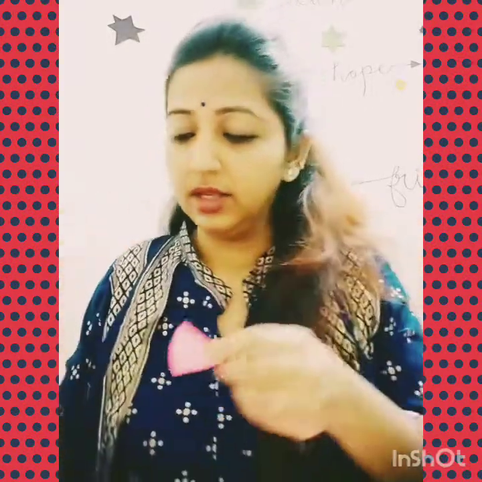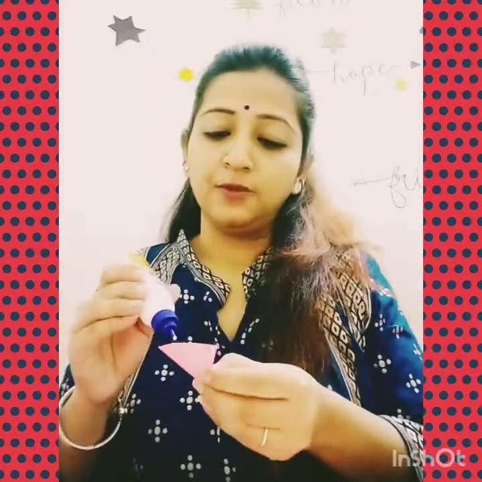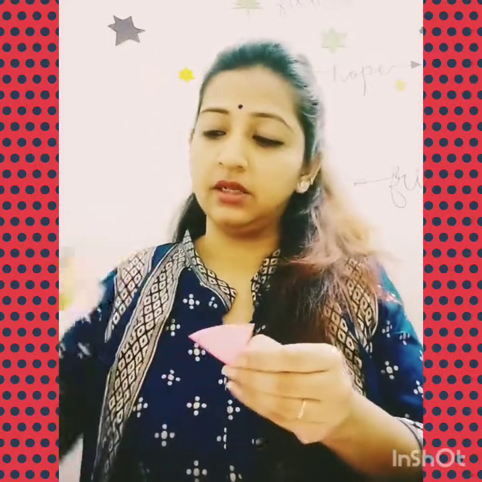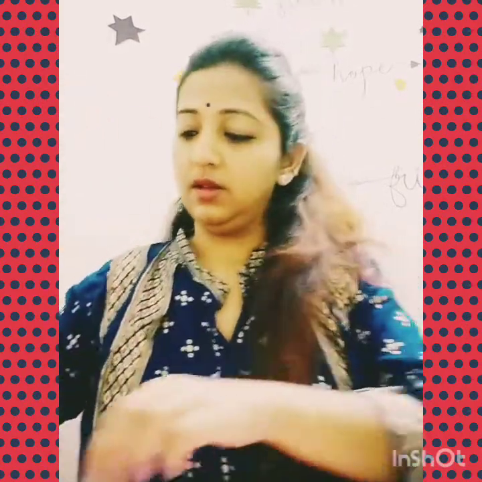Okay. Now see what ma'am is doing. You have to cut these two shapes of paper. Okay. So I will show you how to paste it. Now kids, look here.